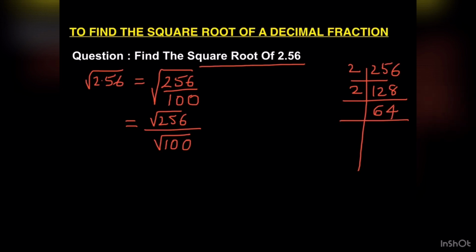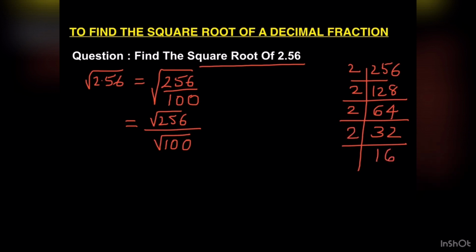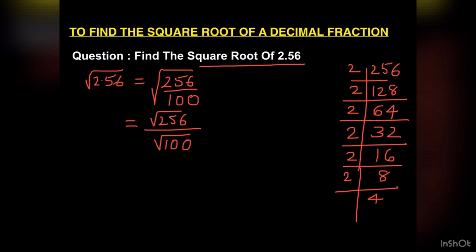Again 64 is an even number, so we can divide it by 2. 2 times 32 gives 64. Then 2 times 16 gives 32. 2 times 8 gives 16. 2 times 4 gives 8. 2 times 2 gives 4. And 2 times 1 gives 2.